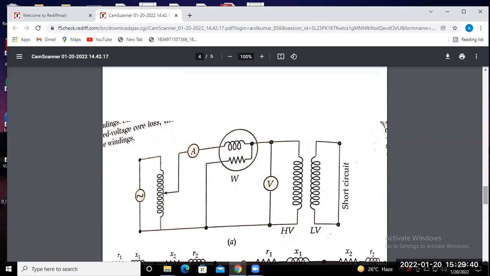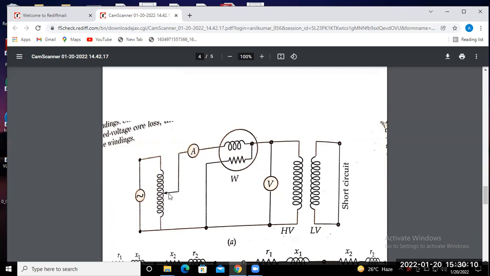Again, you have to change the variable point of this variac auto transformer. Instead of the voltage reading, here we concern ourselves with the current reading during the short circuit. Whenever the rated current flows through this ammeter, we stop the movement of the auto transformer.